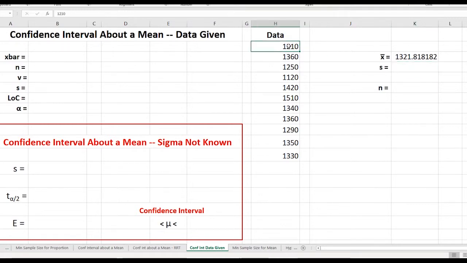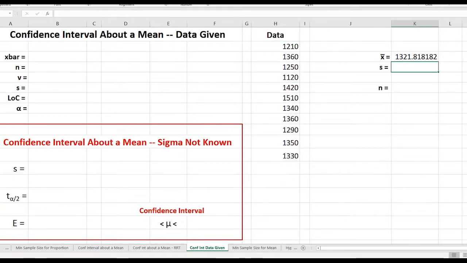Now make sure that when you're doing this problem, if you have data, maybe you only have 6 data values, that you retype the whole formula for x bar over here, equals average, and then drag and capture only the numbers that are for that problem. And if it has to go further than that, then make sure that you grab much further in the function.